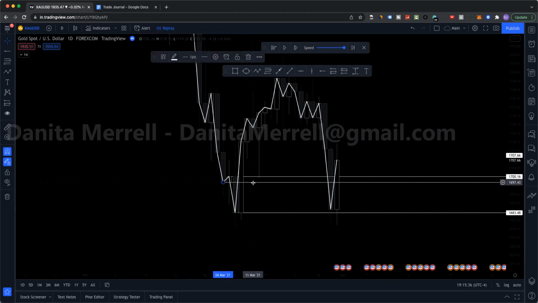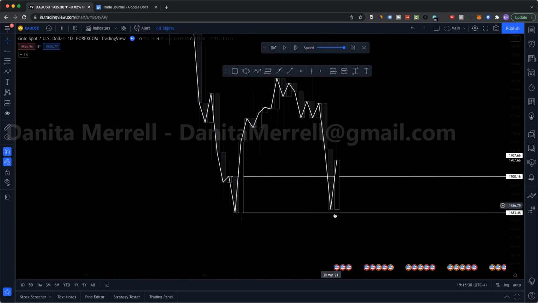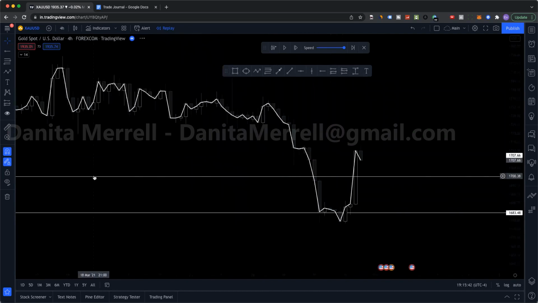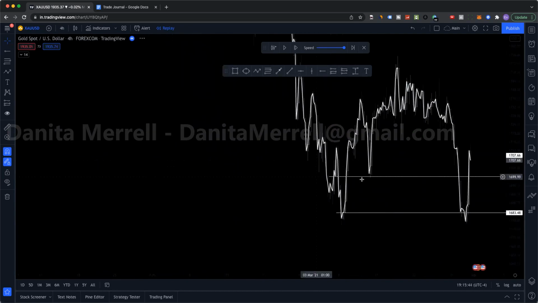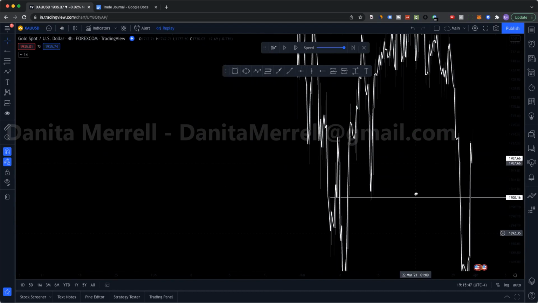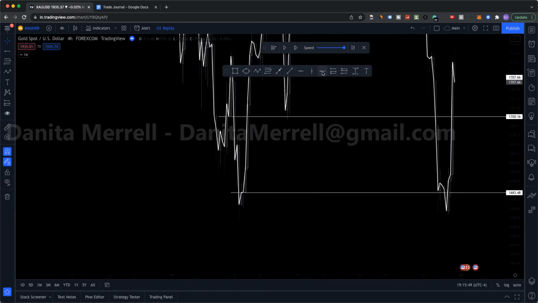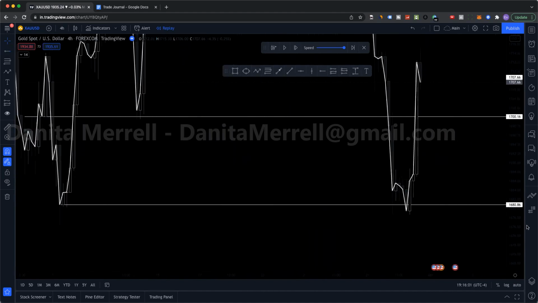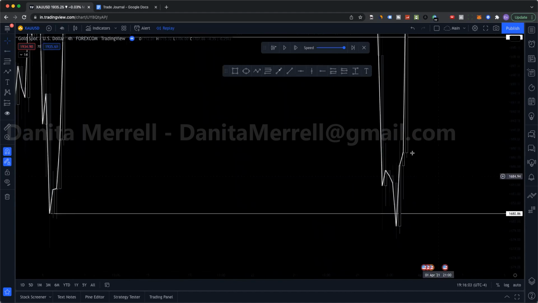Okay, so we'll remove that. We'll look at this area of price action on H4. Okay, so H4, as we know, is our entry area. We have support below the daily support, so we'll just remove this. Okay, and as you can see, price creates a QM and then pulls back into it here.